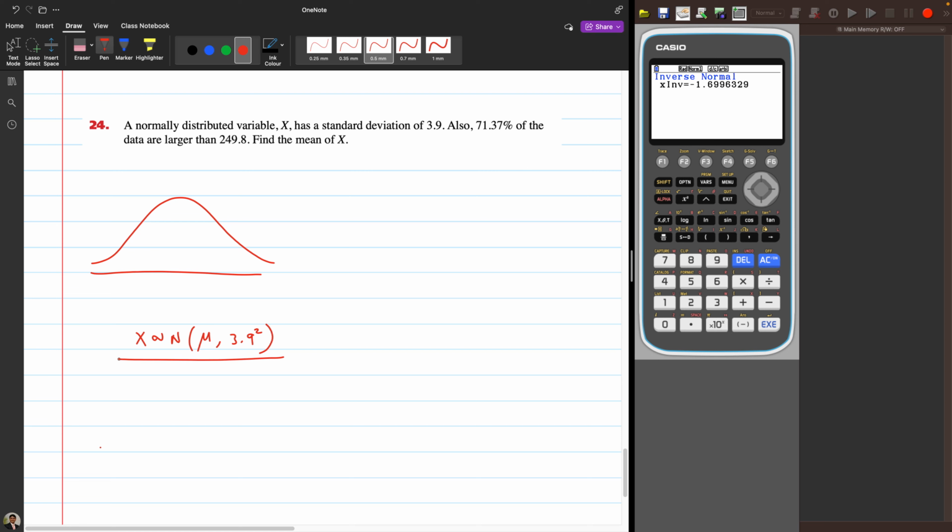This has been given to you. 71.37 is larger than 249.8. So the probability is 0.7137, correct? Find the mean value of x. Simple. You can use your inverse, not inverse, what am I saying? Use solver. Usually no solution.